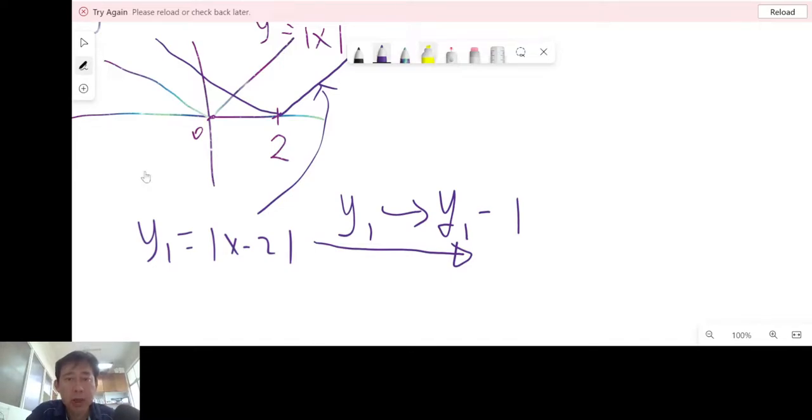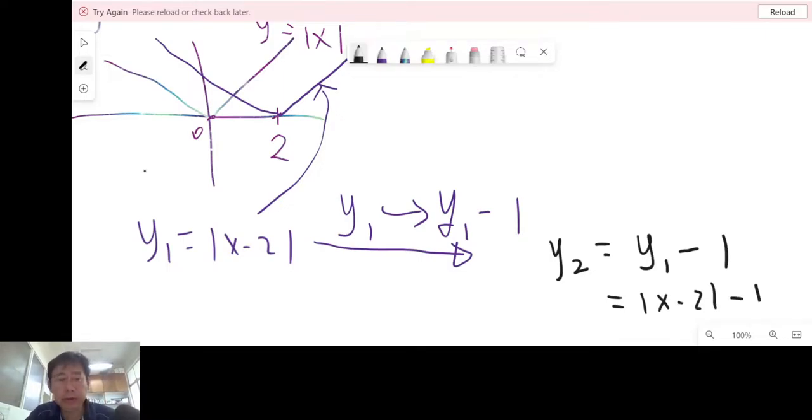All the values of y1 will be reduced by 1. So here you get y2, which is obtained from y1 by y2 equals y1 minus 1. I think that is the correct statement, where all the values of y1 are replaced by y1 minus 1. And y1 is just the expression x minus 2, minus 1.